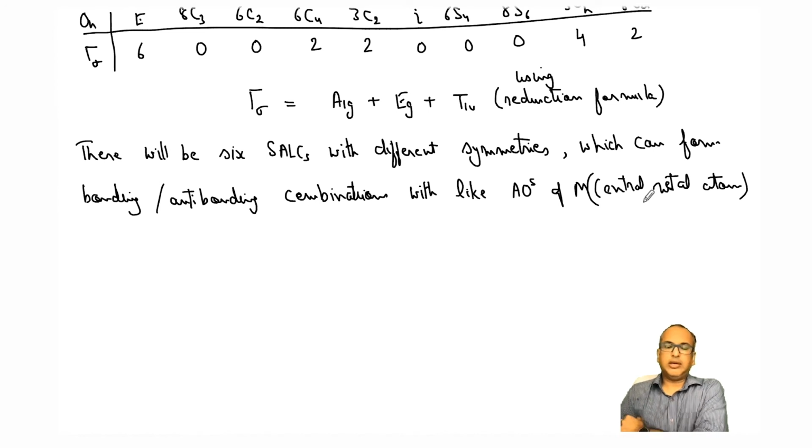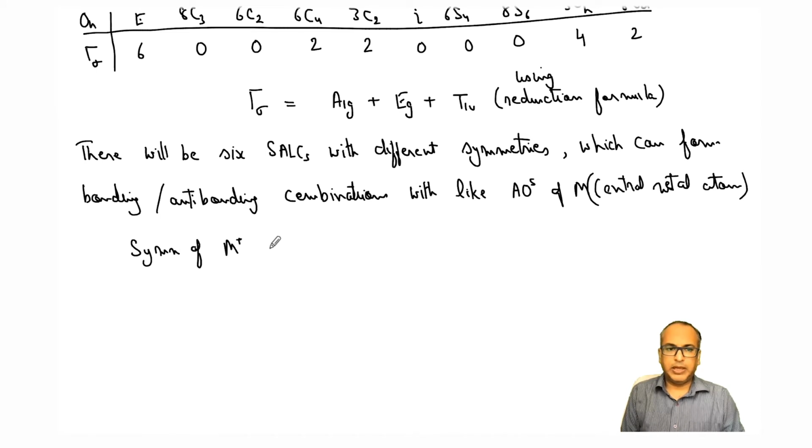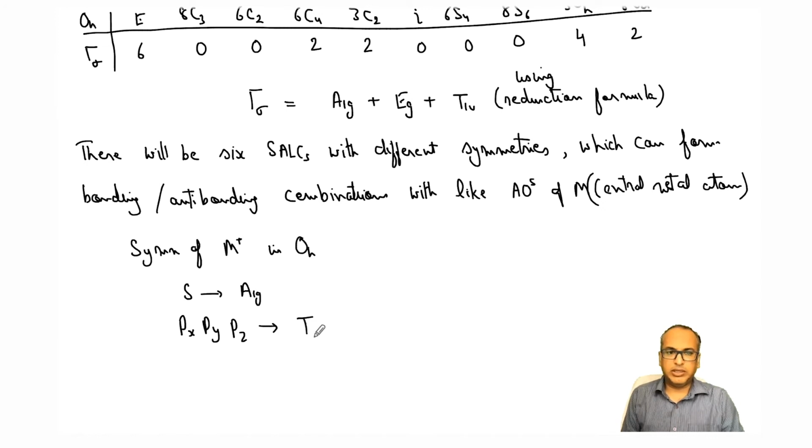So what are the central metal atom symmetries under Oh? We can write down the symmetry of M in Oh. We can say that s transforms as A1g. So we have a matching over here. Then px, py, pz, they transform as T1u. So we have another matching over here. So this set of SALCs can match with px, py, pz.